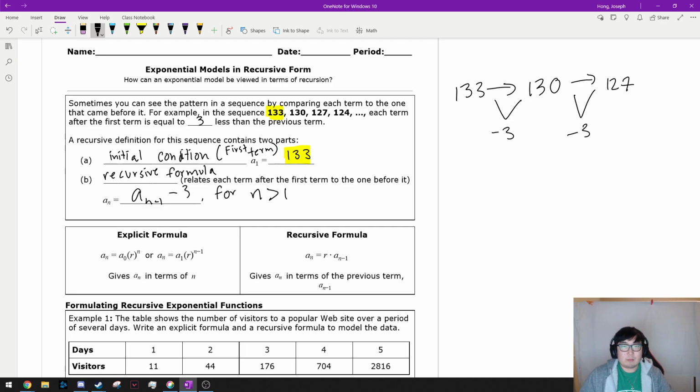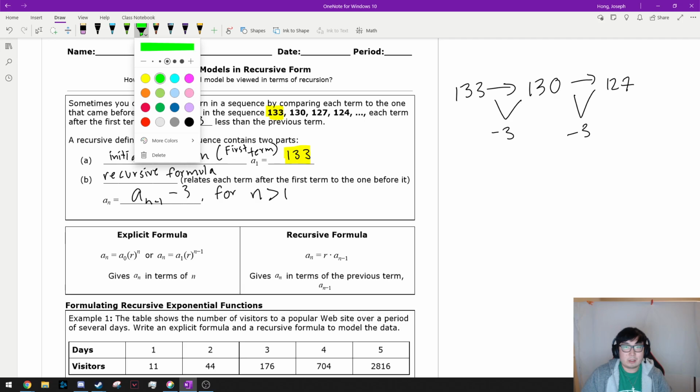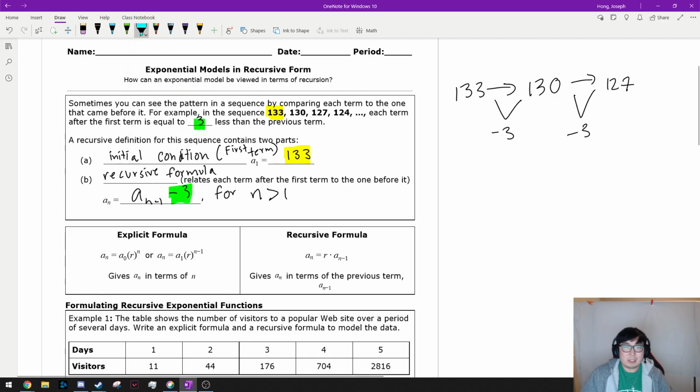So what this really means is the term before it, minus 3. So this minus 3 is right here.